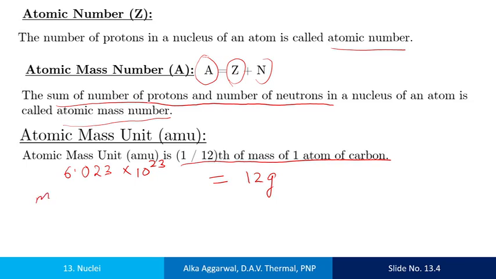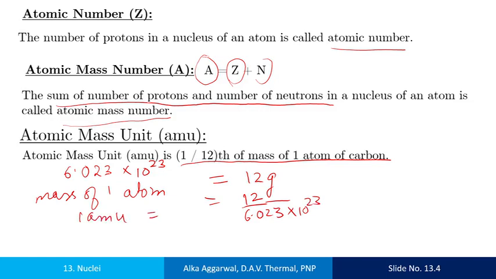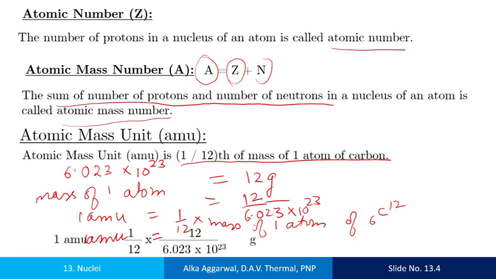It means the mass of one atom of 6C12 is equal to 12 upon 6.023 into 10 to the power 23, and 1 AMU, which is equal to 1/12 of the mass of one atom of 6C12, is 1/12 into 12 upon this, and it is equal to 1.66 into 10 to the power minus 27 kg.